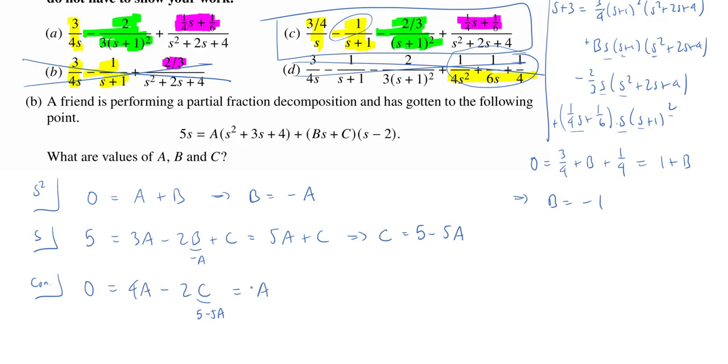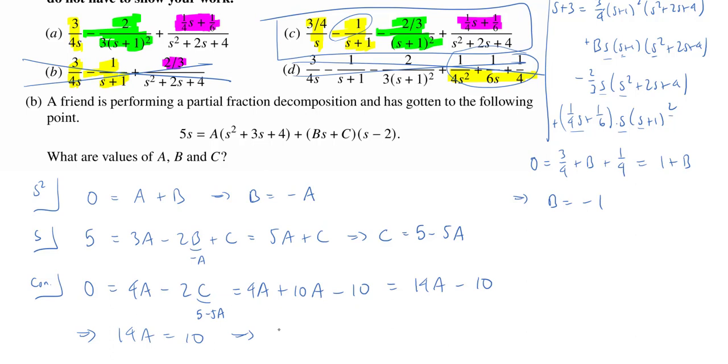So I have 4A, then minus 2 times minus 5A, that's going to be plus 10A. And then minus 2 times 5 is minus 10. If I combine this, I have 14A minus 10. And since I know this is equal to 0, 14A is equal to 10.